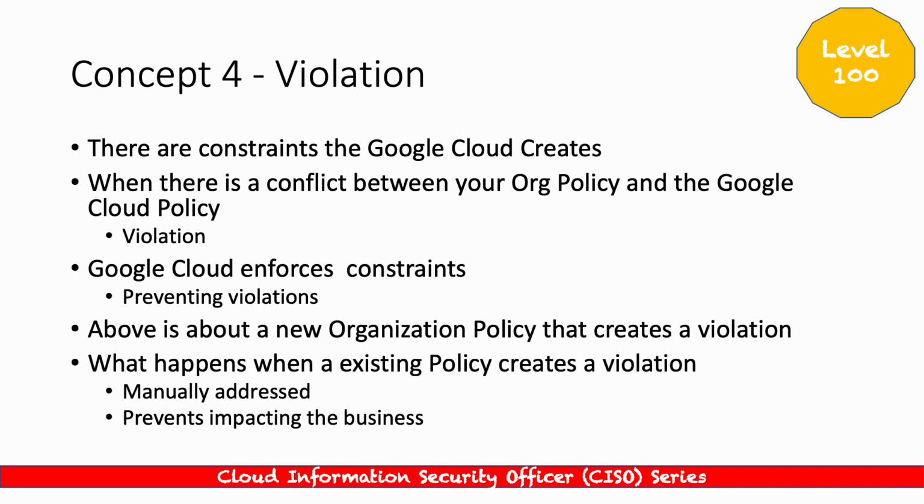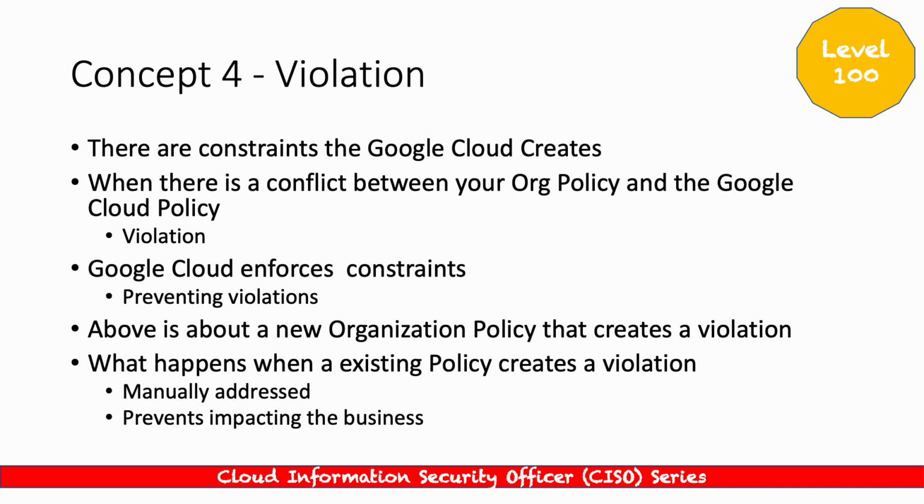But what actually happens in a different scenario, when there is an existing organization policy that you've already created and you've been using for some time? Let's say you've been running it for several months, six months, one year. If you've been using it and now suddenly Google is saying you have a violation, that may be something that's changed on the Google side of things.